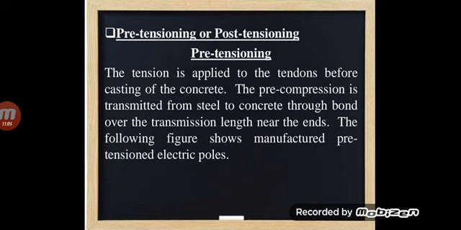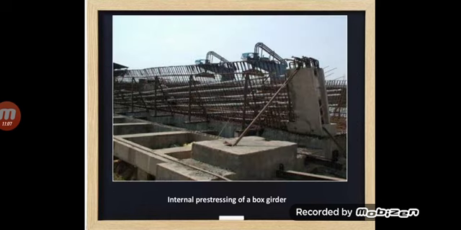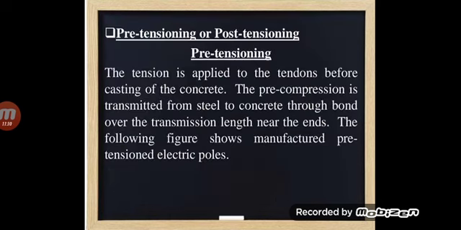So we will see the figure later. First I will explain. In the pre-tensioning case, before casting the concrete, we will place the tendons in the mold. Then we will tension those tendons inside the mold, so the tendon will be in tension itself.